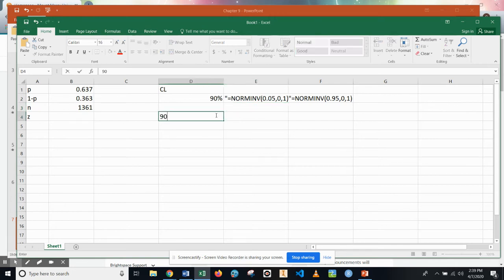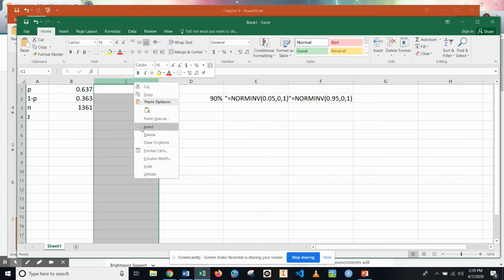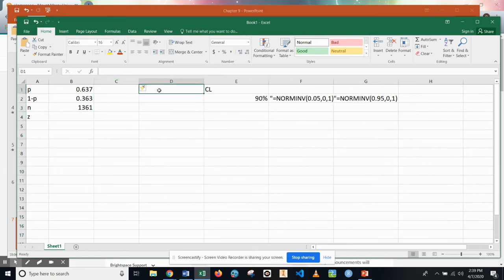So for 90%, I think our values were 1.64. Let me put the z-score here on this page, and that would be 1.64.